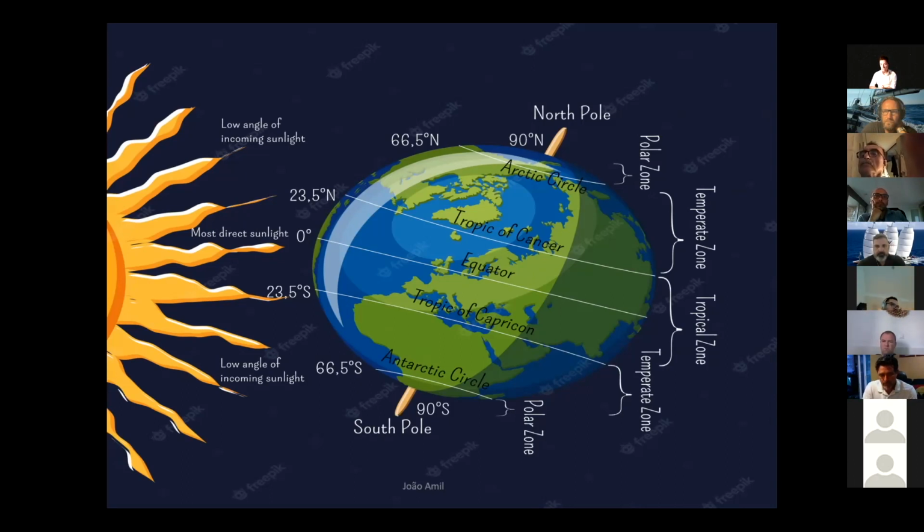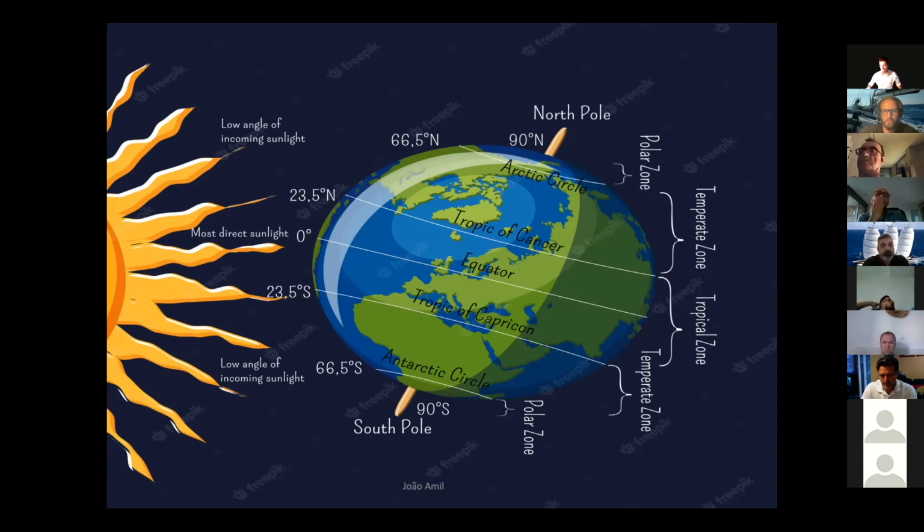The second thing is that the planet is tilted, and this angle changes along the years, along thousands of years. Right now, it's roughly 23 and a half degrees, which means that as the Earth goes around the sun, the northern hemisphere gets less sunlight in our northern winter, and the southern hemisphere gets more sunlight.